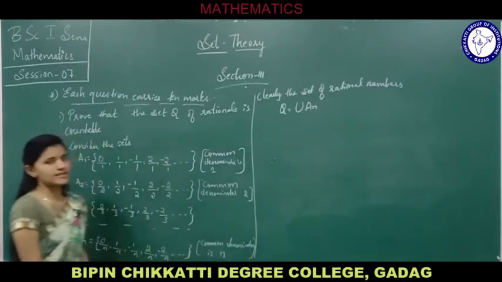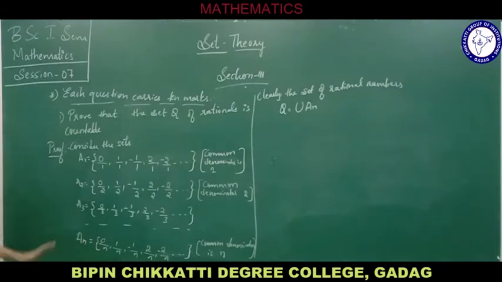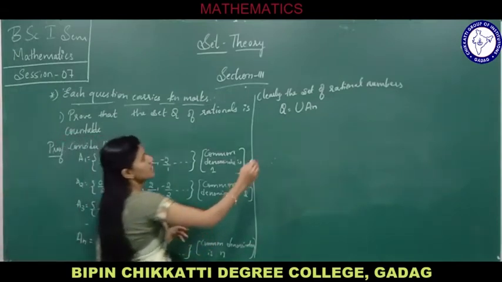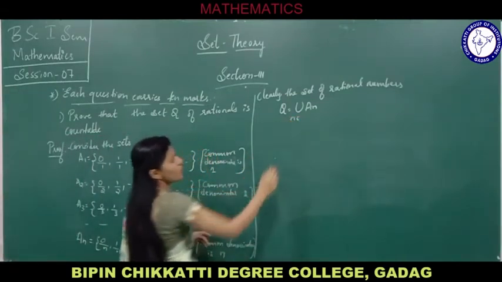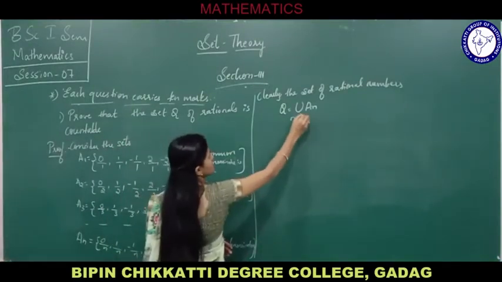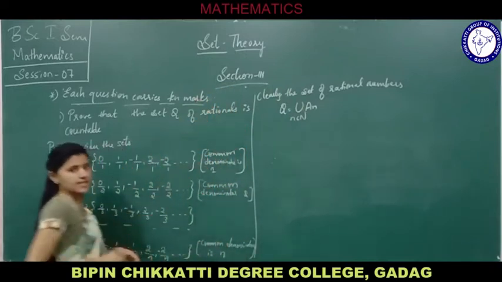So like this, if you go on considering up to n, we get clearly that the set of rational numbers Q is the union of An where n belongs to the set of natural numbers.